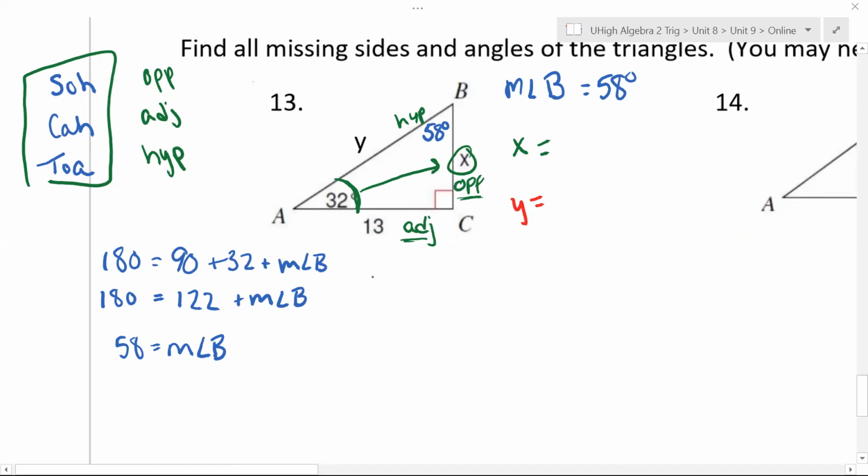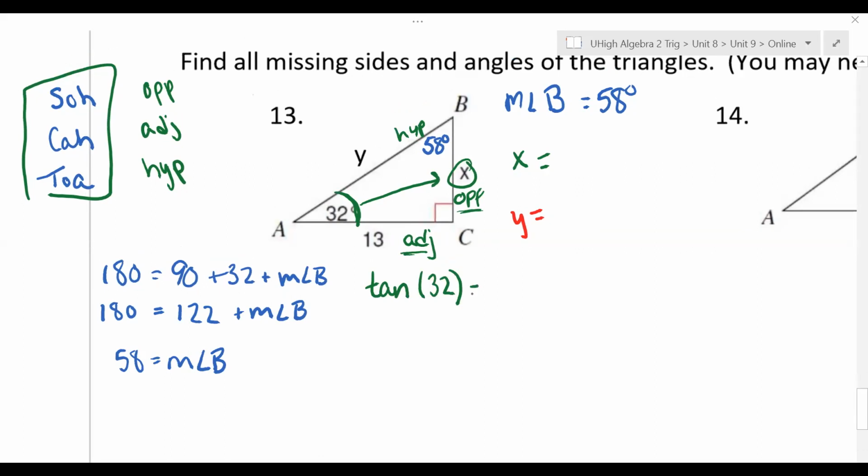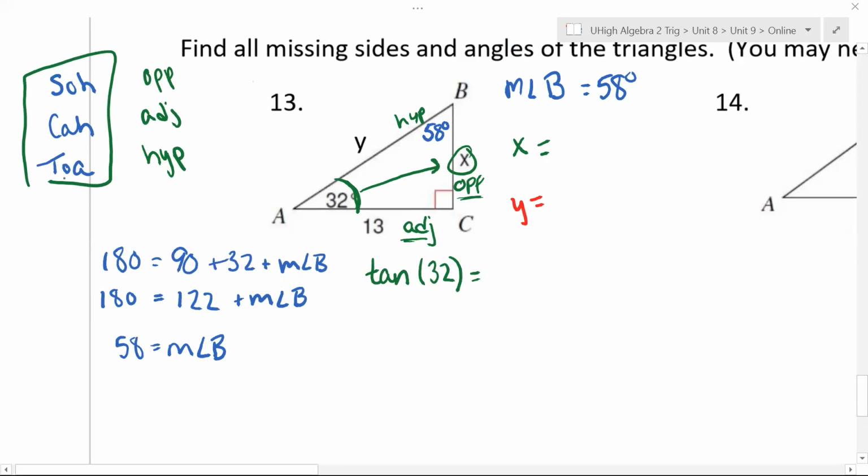So my tangent of my angle, so of my 32 degrees, is equal to opposite over adjacent, so x over 13.